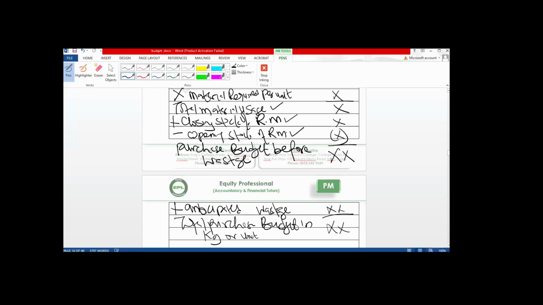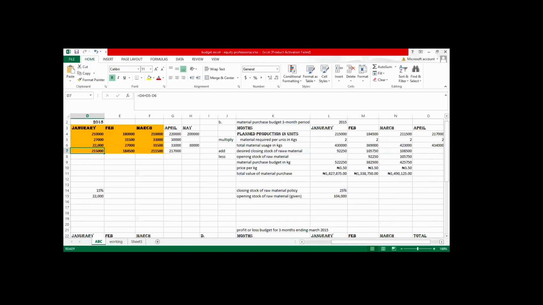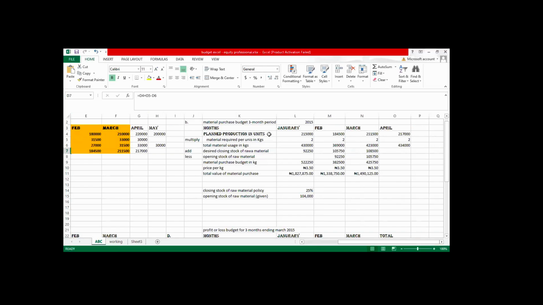That means if I want to prepare material purchase budget, I'm going to start with my planned production. Please look at this side. Planned production. Look at the first figure.